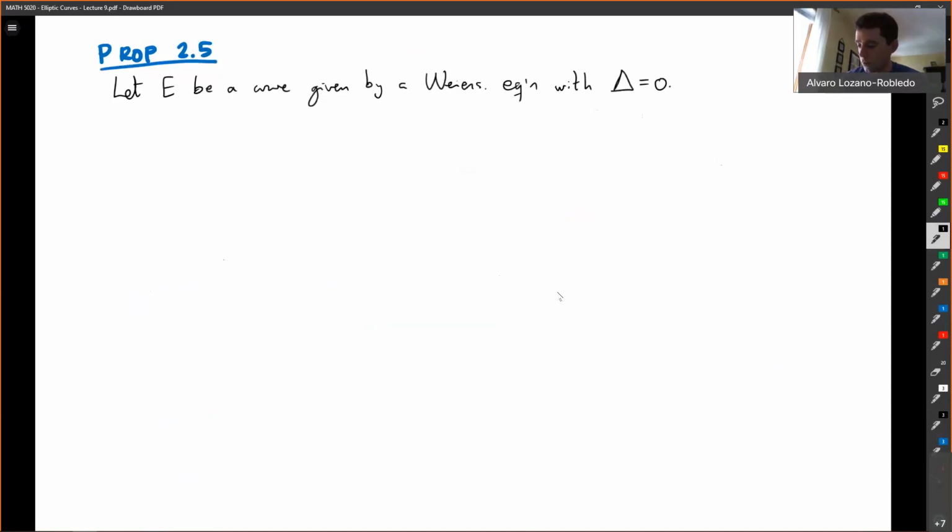Okay, so for example, if you take y squared equals x cubed minus x squared, that's not an elliptic curve, that is singular. It's a long Weierstrass model that is singular. So if it is not an elliptic curve, can it still have a group law?